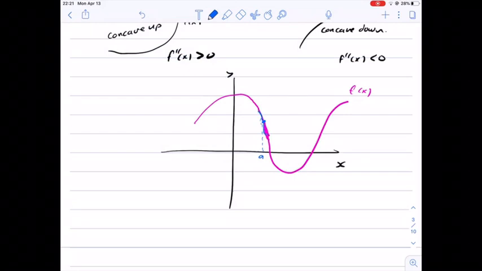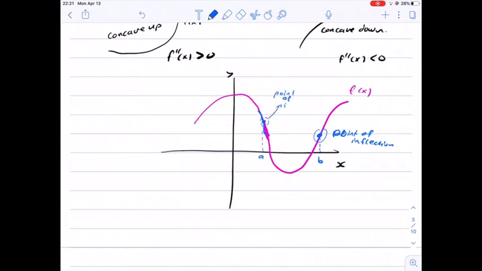The concavity changes at this point, and here at this point B as well. So those points where the function changes its concavity are called inflection points, or points of inflection. And this is another point of inflection.